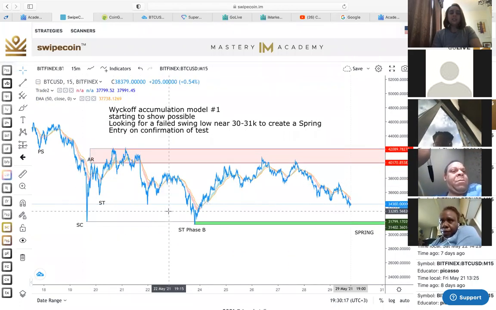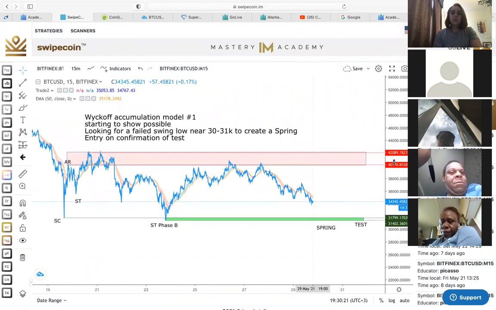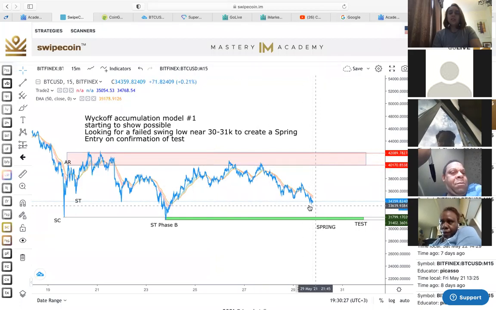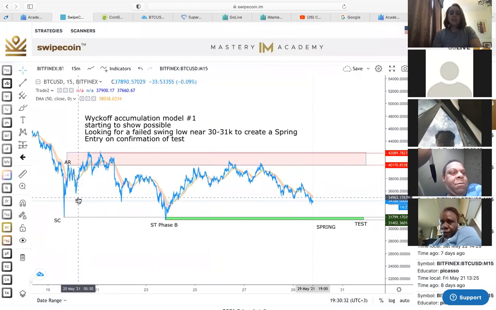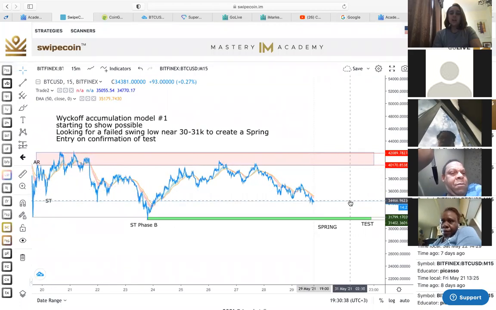So you guys can see, let me move this a little bit. This is what we can see happening in the market. Now, what we first wanted was a spring off of this ST right here. This was one of our supports, the ST, but we didn't get that. It's now pushed down under it.